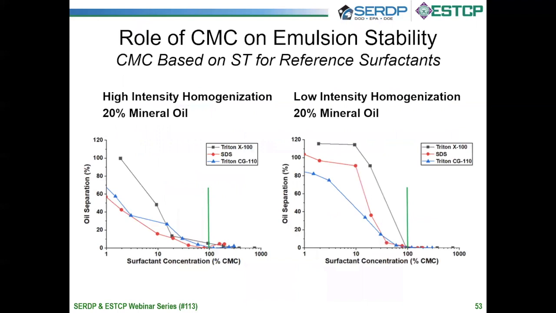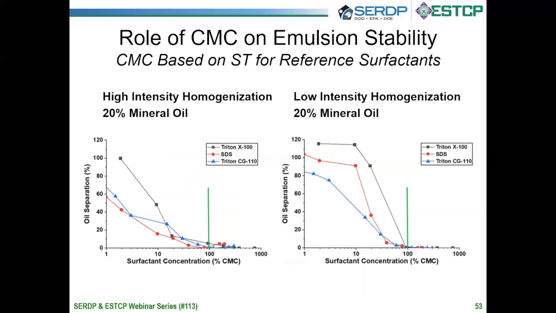So the first parameter that we were interested in looking at is the role of CMC on emulsion stability. In the literature, it's interesting because there are conflicting arguments about whether or not CMC is actually indicative of emulsification. It is indicative of micelle formation, but not necessarily emulsification or improved emulsification of a system. So we looked at CMC-based reference surfactants first.